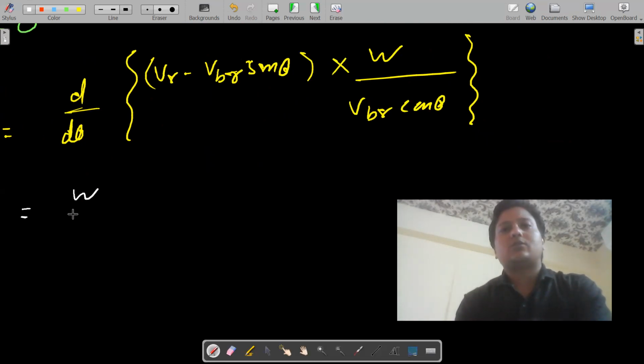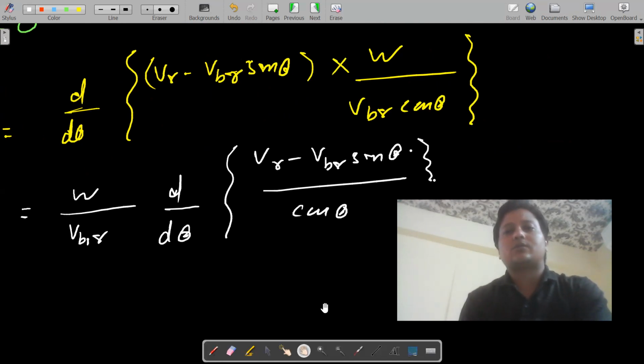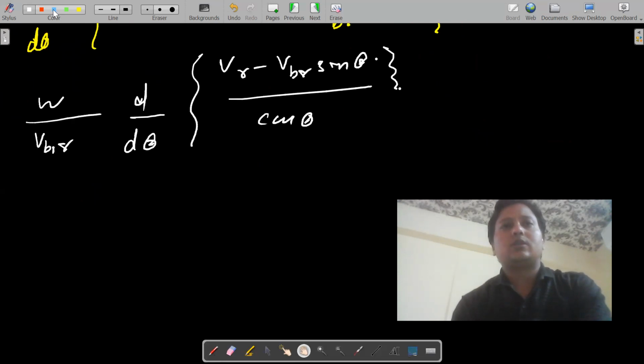That comes out to be W over VBR times the differentiation of Vr minus VBR sin theta over cos theta. So what will be the differentiation of u over v?